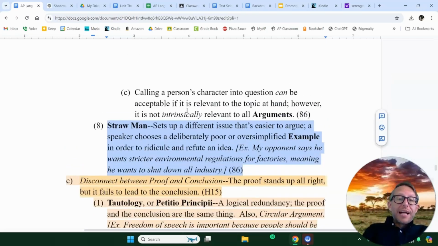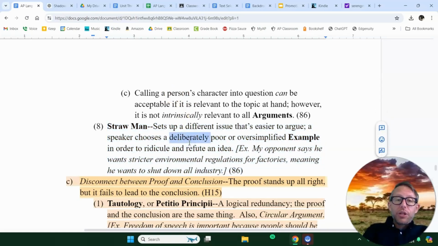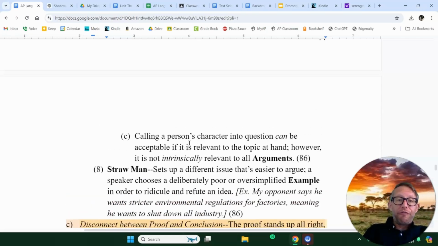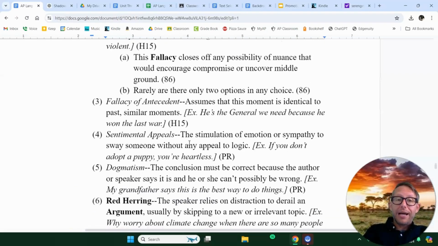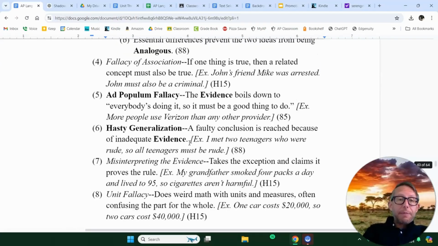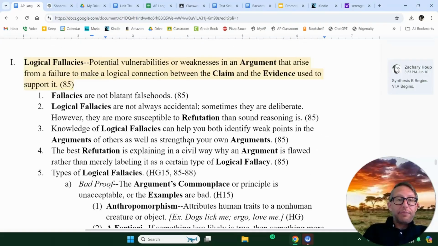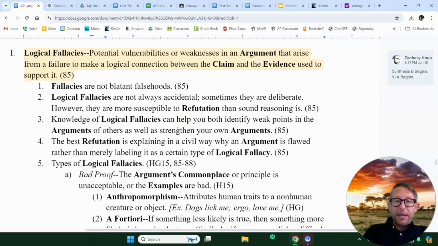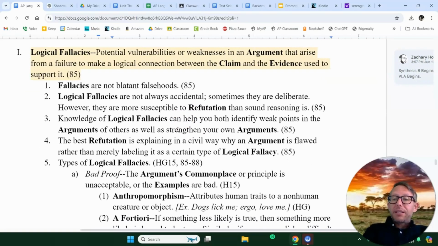Okay, so that's our first foray into logical fallacies. As I said, we're going to get into the remainder of the logical fallacies as well as rhetorical fouls the next time I see you guys. The big thing to keep in mind with all of these, and I understand there are a lot of mistakes that you could be making, but remember the big thing to think about is twofold.